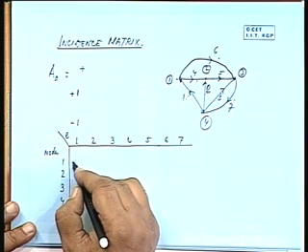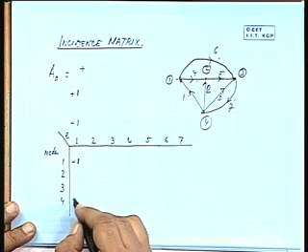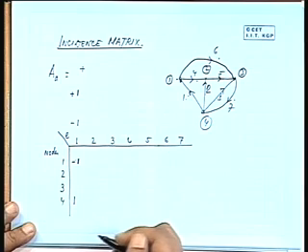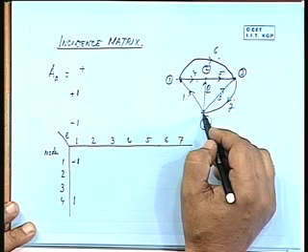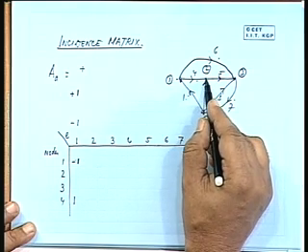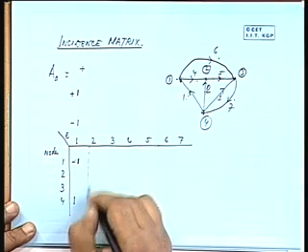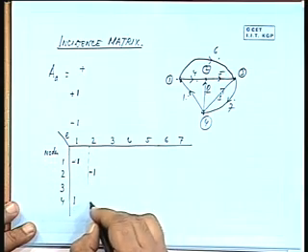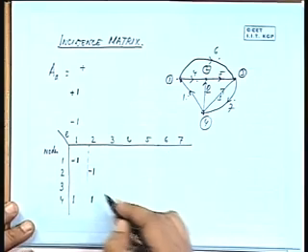So, at node 1 it is -1 and at node 4 it is +1. Element number 2 similarly, at 4 it is +1, at node 2 it is -1. So, this element will be -1 here, +1 here. Is that okay? Rest are all 0, so I am not writing them.